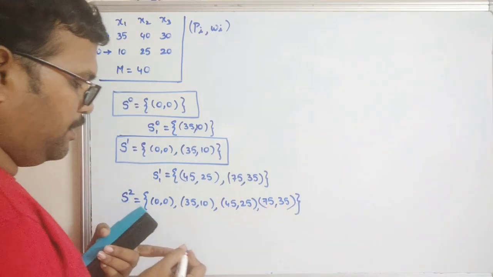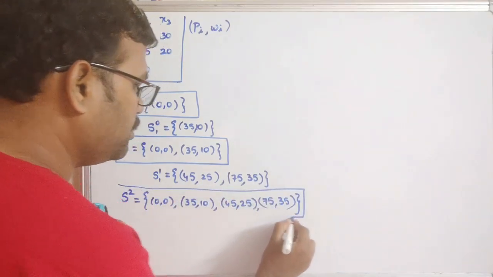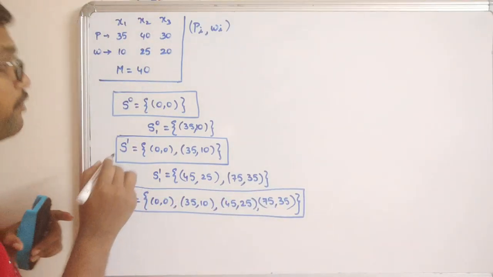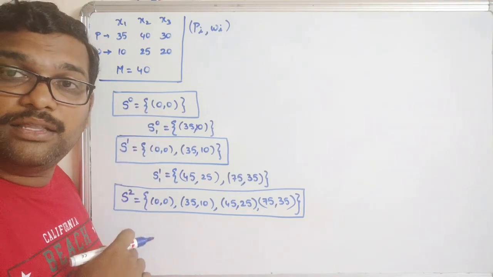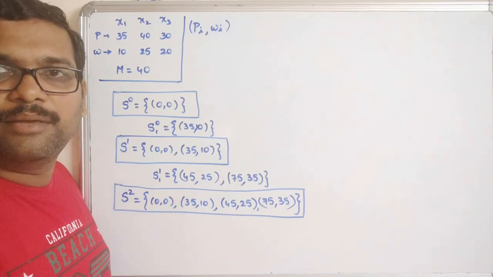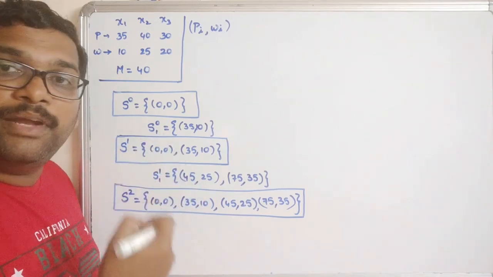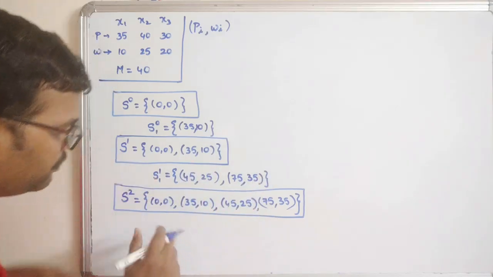Right? Now this is the S2. So we have taken three elements or three objects. So we need to calculate the S0, S1, S2 and S3, because already two elements or two objects have been inserted into a sack. Now the third one.